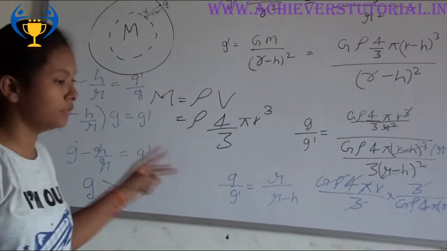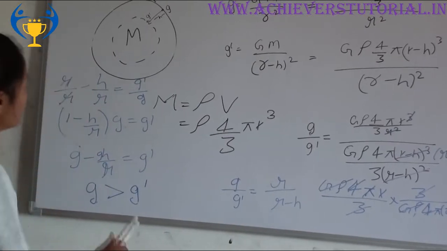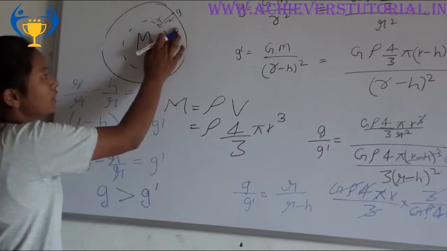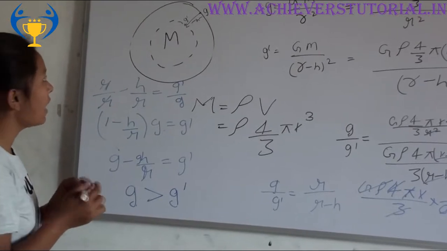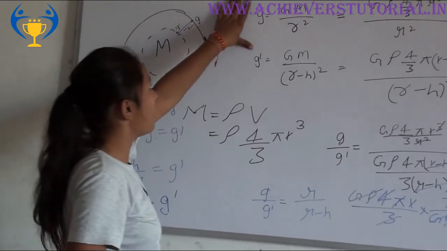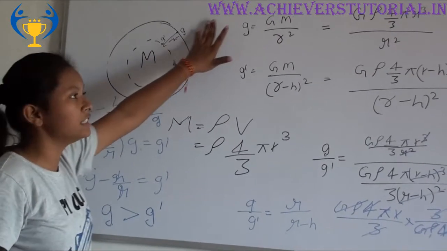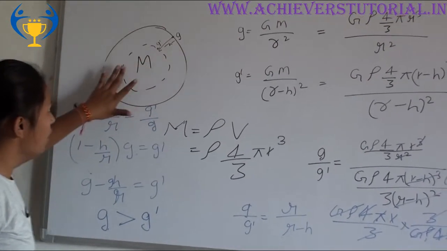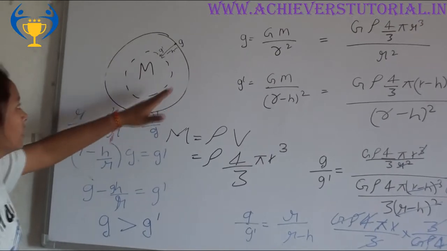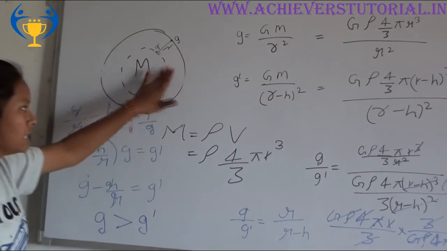So we have written two variations, one due to height and another due to depth. When we go upward, the value of g decreases, and when we go downward, the value of g also decreases.